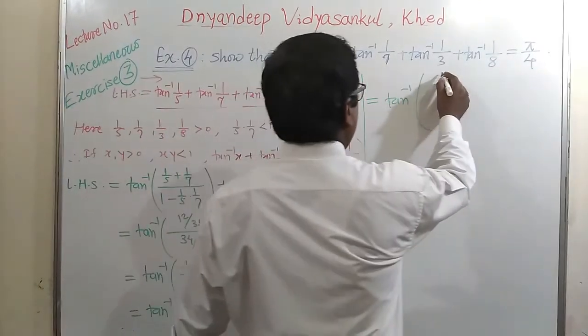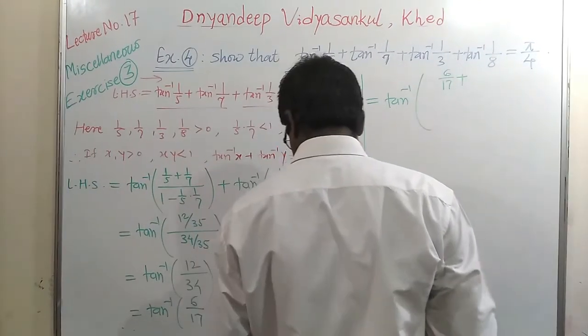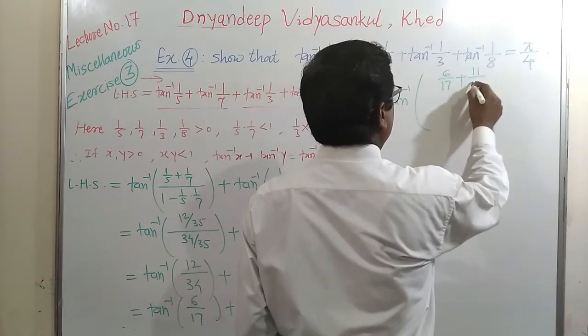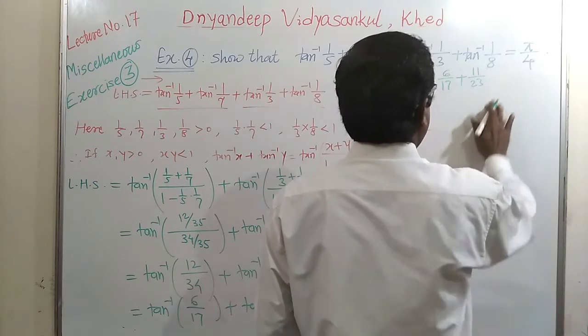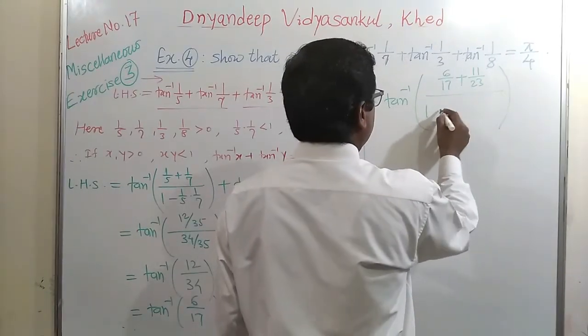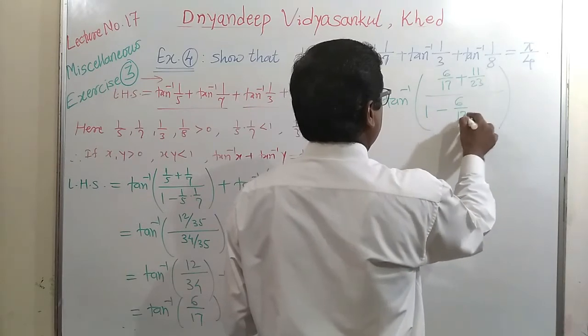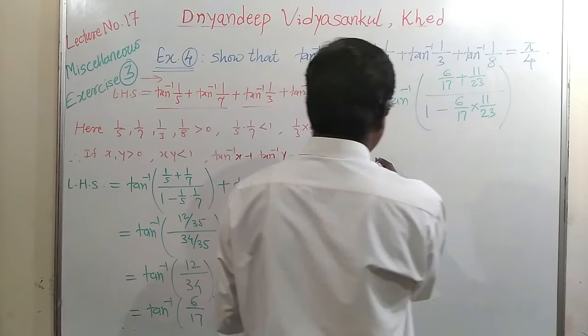So it is 6 by 17 plus 11 by 23, all divided by 1 minus 6 by 17 into 11 by 23.